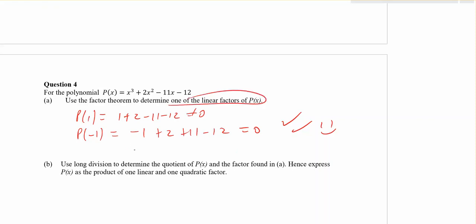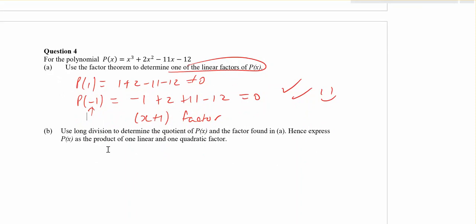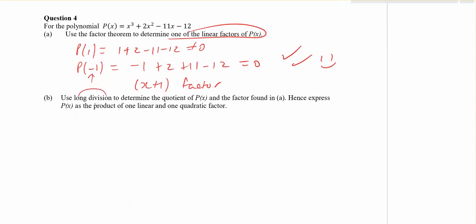Use long division. It says specifically use long division, so you can't use the other method if it tells you to use long division. So you literally got to use long division to determine the quotient of p(x) when you divide by the factor found in part A. So I'm going to go x plus 1 is the divisor, x cubed plus 2x squared minus 11x minus 12.